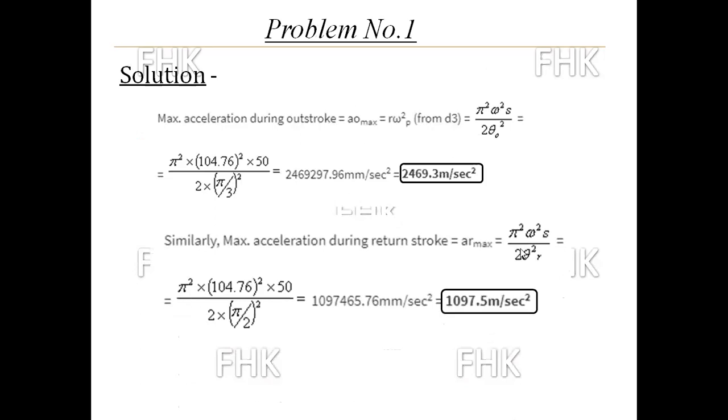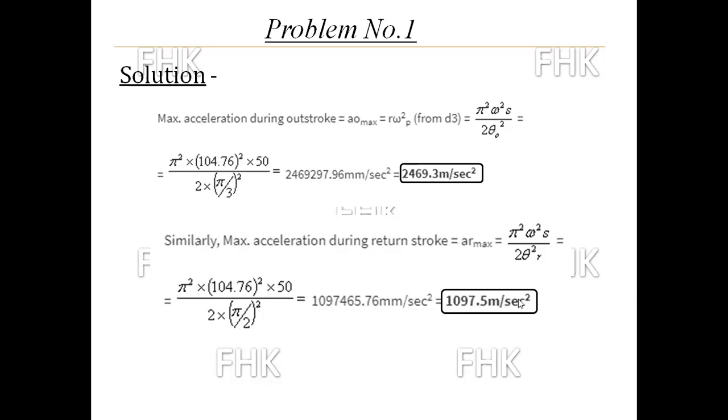Putting the values: pi square into 104.76 square into displacement 0.050 divided by 2 into return stroke, which is 90 degrees. Converting by multiplying by pi by 180, I get pi by 2, bracket square. After calculation, I got the answer 1097 meter per second square.